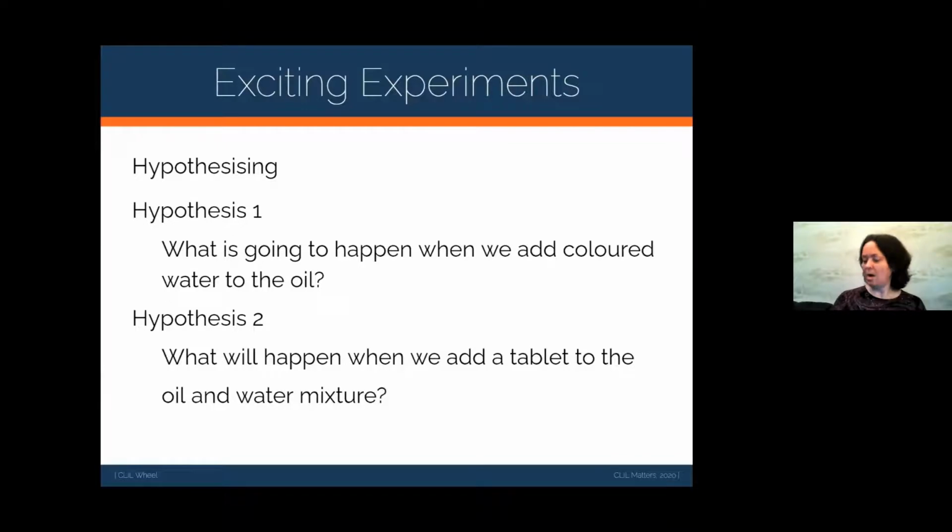Some would go, oh, water is going to stay on the top of the oil. No, water is going to get to the bottom. No, water and oil are going to mix. This is something I can get from my students. And again, with the second one, I can also gather different hypotheses connected with the experiment.